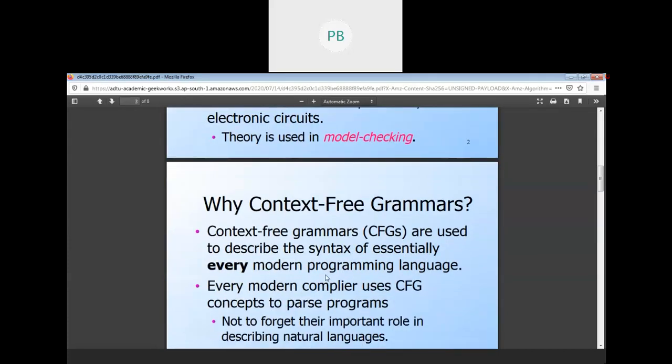What is automata? Simple. What is automata theory?